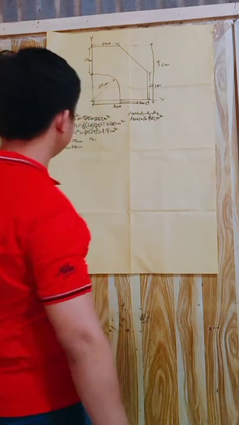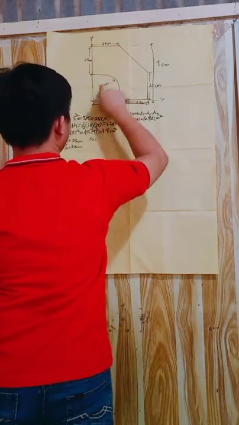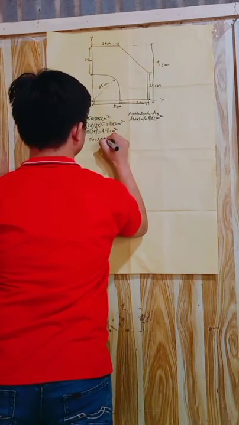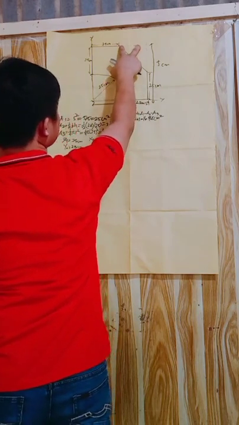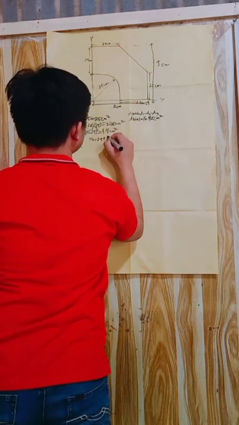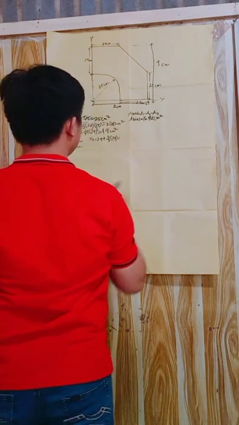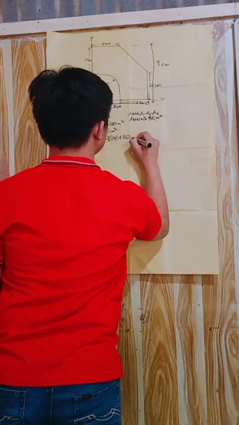So x bar sub 2 is equal to 2.5 plus 2/3, because we are getting this 2/3 from the vertex. 2/3 of the base is equal to 4.1667 centimeters.